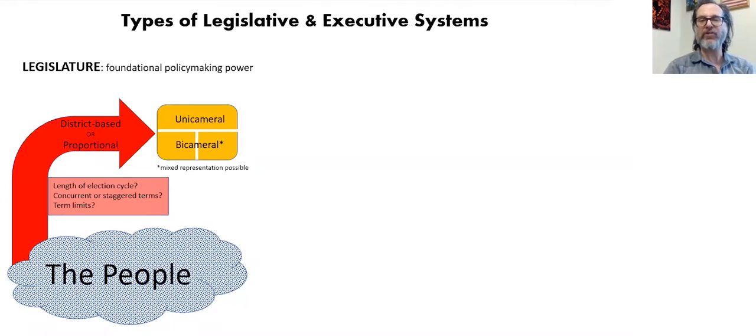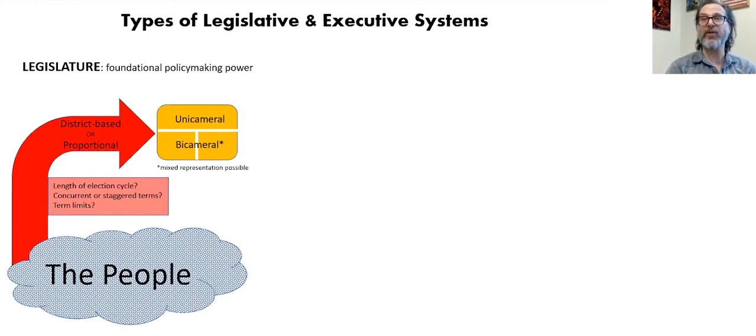Let's say you have 4-year terms and 25 of the 100 members of the unicameral legislature are reelected every 1 year. So the people get to vote every year, but the people only get to replace 1/4 of the legislature. Every 4 years, 100% of the legislature gets turned over. That's a very different style of legislative system than when you have, say, a 4-year concurrent cycle.